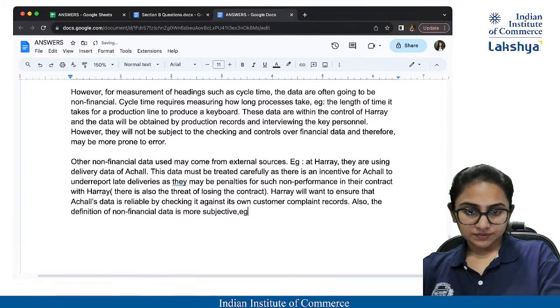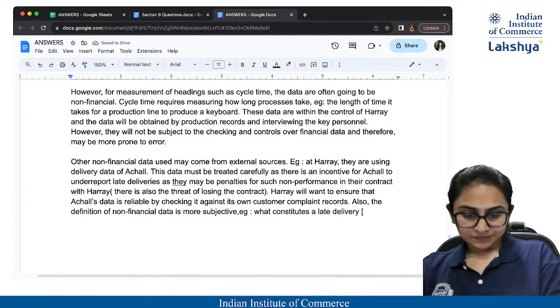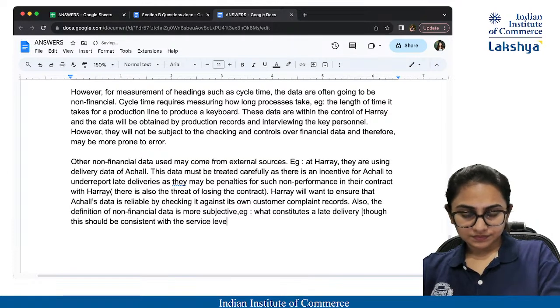For example, what constitutes a late delivery, though this should be consistent with the service level agreed in the contract.